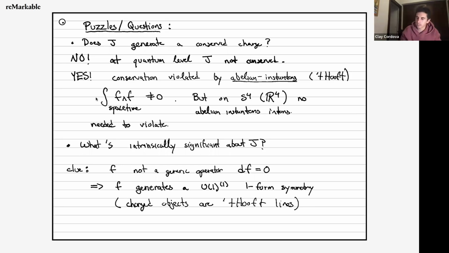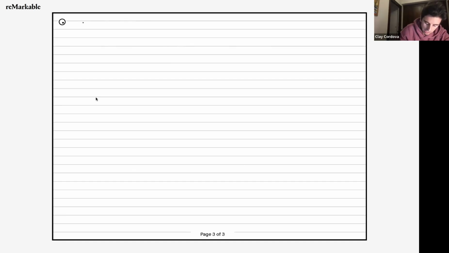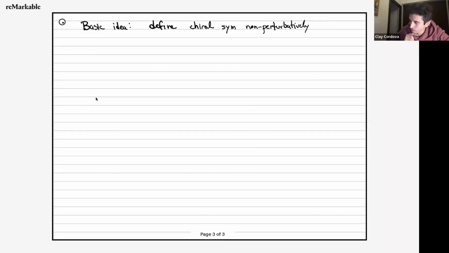Okay, so our basic idea, let me go to a new page. The basic idea of what I'll do is I always like to use that to define the chiral symmetry non-perturbatively. So I will argue that there is a notion of symmetry here that is analogous to other notions of symmetry, but there will be a price that we will have to pay, a price of this ABJ anomaly.